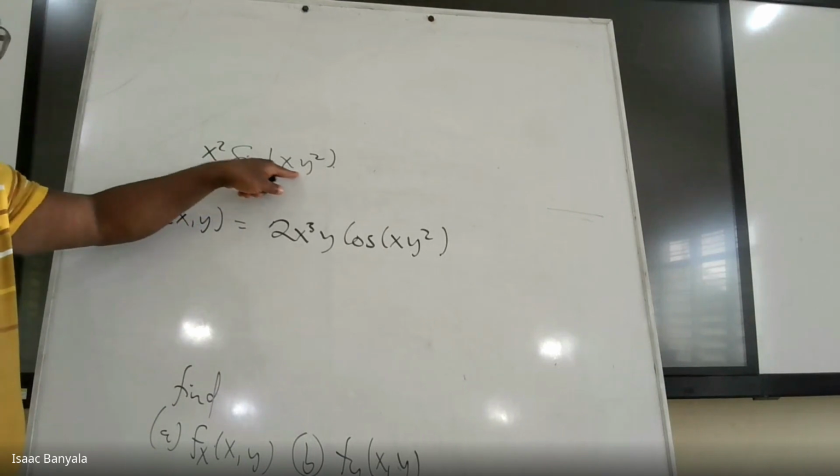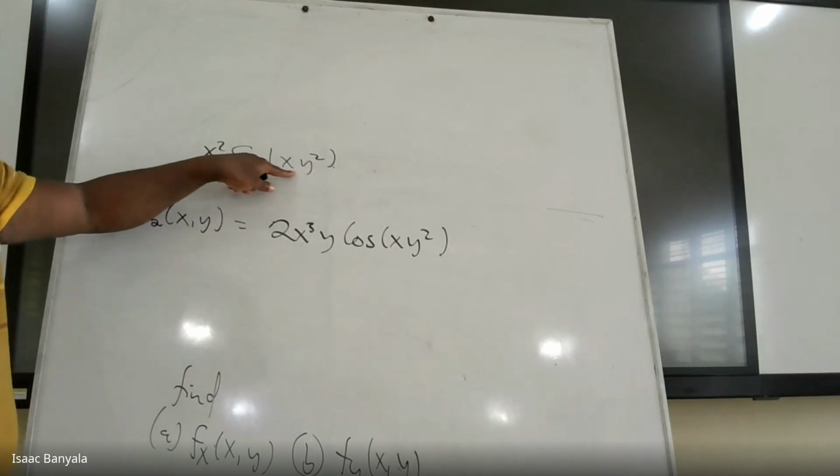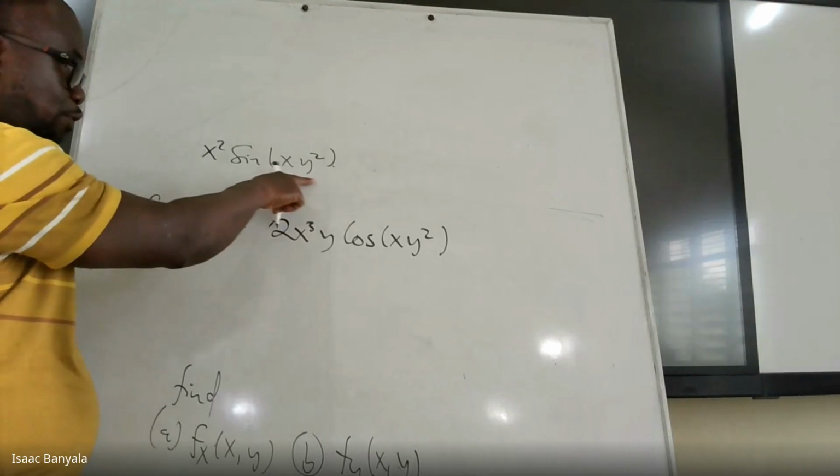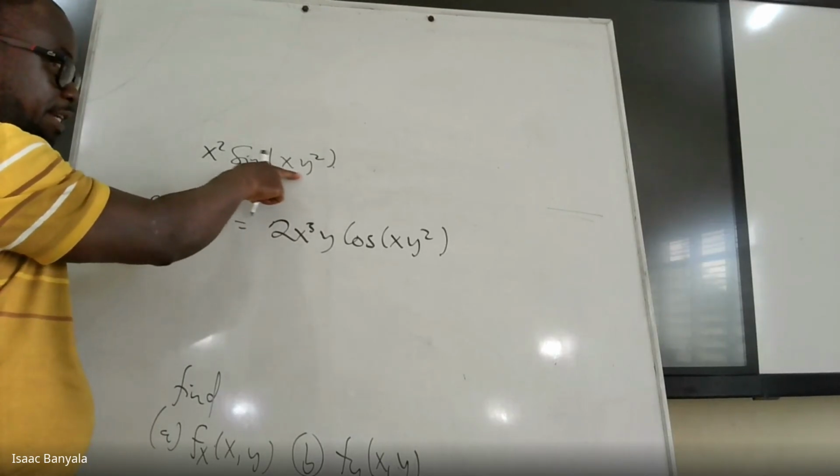You'll get 2y sine x y. No, please differentiate this. We are differentiating this one, 2xy, with respect to y. So what will this be? You get 2xy, not 2y.